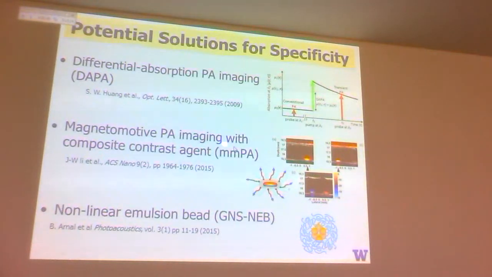One which I will talk about is one where the agent efficiency is the same as any other agent, but we can have almost complete background suppression, and I'll show you that. And then I'll end with this agent, which is the one we're pushing now, which can also do almost perfect background suppression, but increases the inherent transduction efficiency of a singular photoacoustic event by 3 orders of magnitude. Okay? So I say that now just to pique your interest.